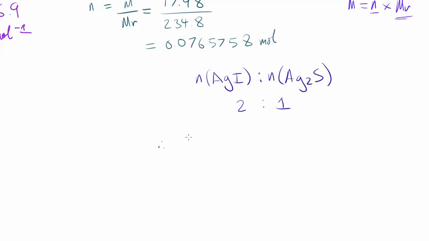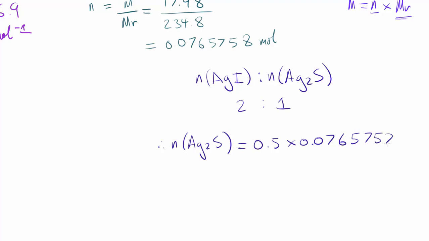So therefore, the number of moles of Ag2S, given this is the moles we did work out, is going to be equal to 0.5, which, as you know, is 1/2. So 0.5 multiplied by 0.0765758 moles.